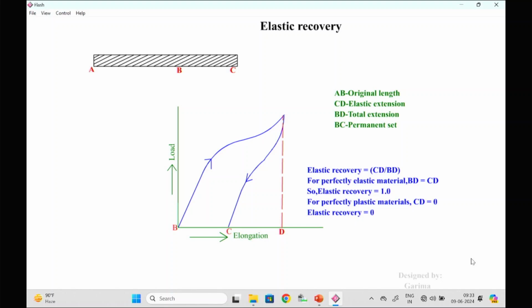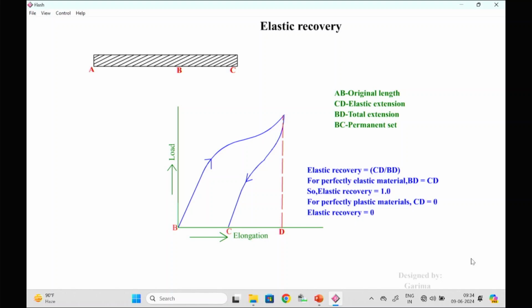Okay. Now if we try to see, the elastic recovery is expressed by the elastic extension which has been recovered, that is CD, divided by the total extension, that is BD. CD by BD is the elastic recovery. Now we can consider a perfectly elastic material.